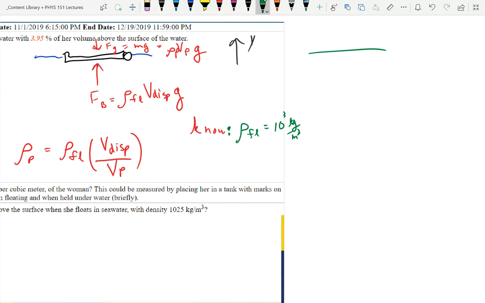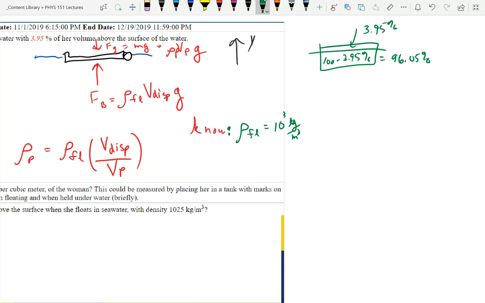She is 3.95% above water, which makes it 100 minus 3.95% equals 96.05% below water. That's where the number comes from.